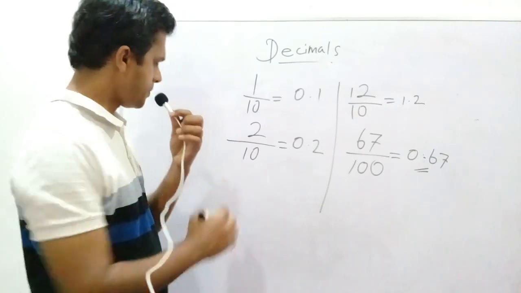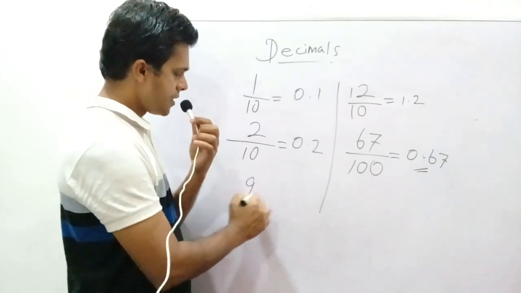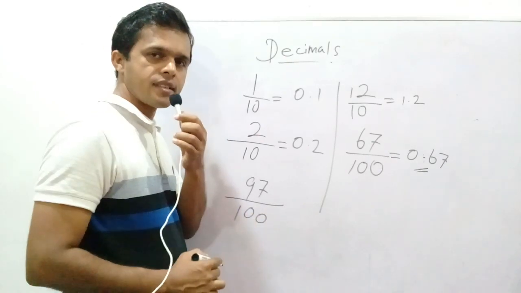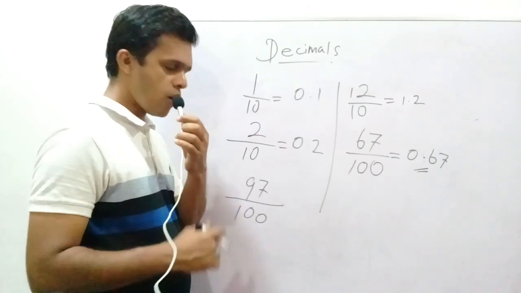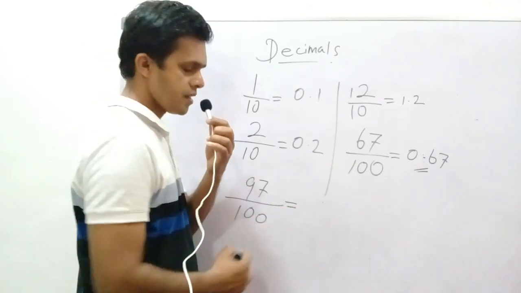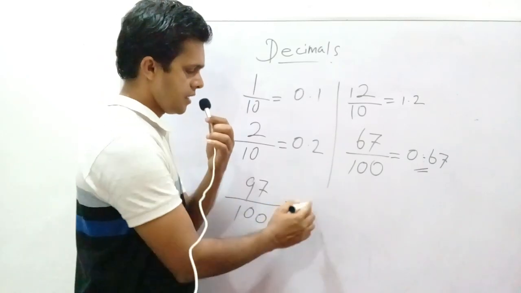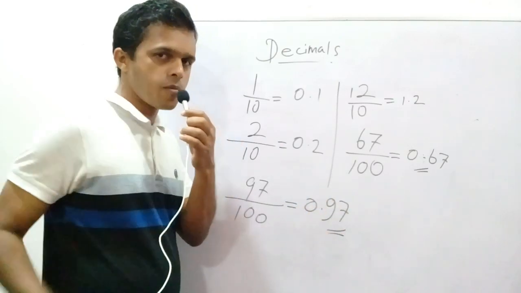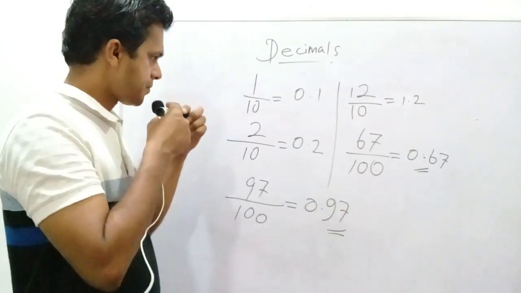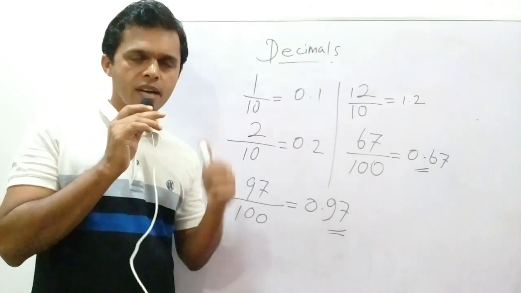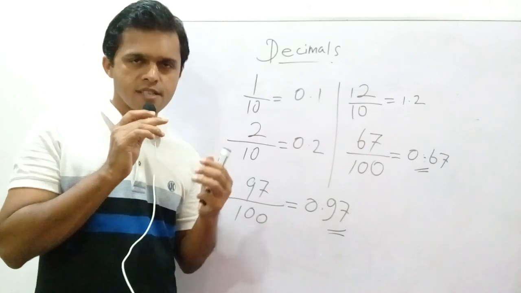How about this one? 97 over 100. How can you convert this fraction into a decimal? Yes, 0.97. So you can convert given fractions into decimals.